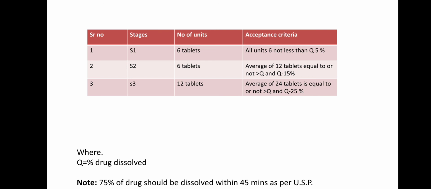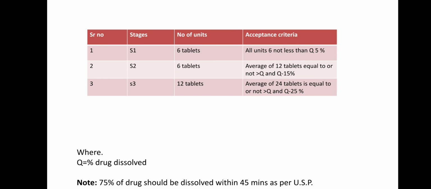This table shows the stages, number of units, and acceptance criteria. S1 is 6 tablets, all units not less than Q plus 5%. Q is the percent drug dissolved.